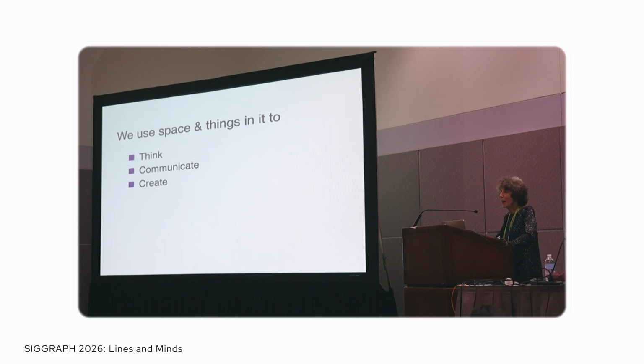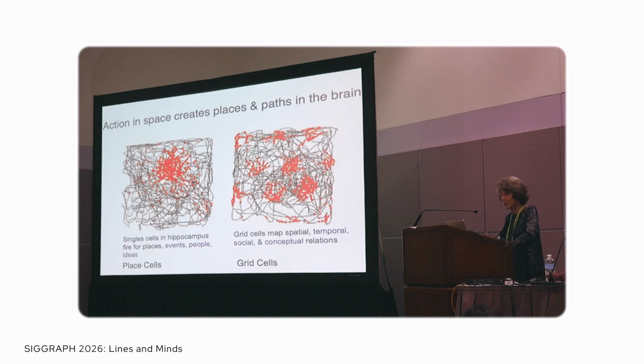The main thing I'll be proposing is we use space and things in it to think, communicate, and create. So, brain. This is the work that won the Nobel Prize in 2012 for John O'Keefe and the Mosers. They found single cells in hippocampus that light up when a rodent is in a particular place.